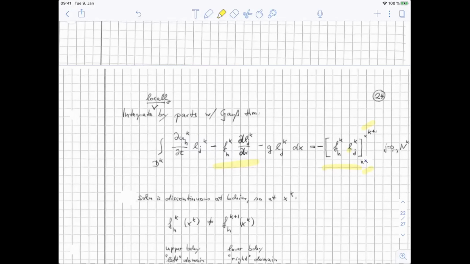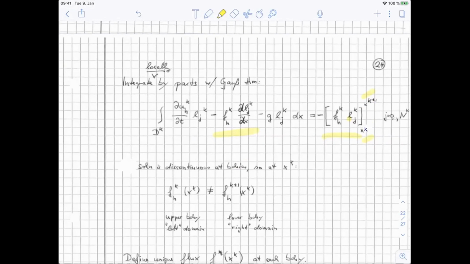The solution is discontinuous still, as I have shown you. So at a boundary, the flux on the left element, the kth element, evaluated at the boundary point, will in general be different from the flux of the next element evaluated on the same boundary.